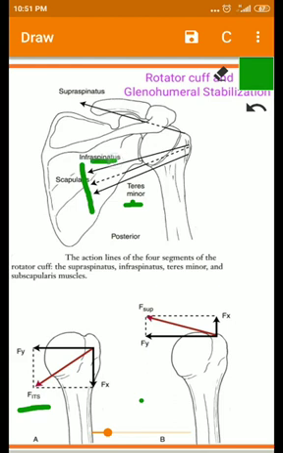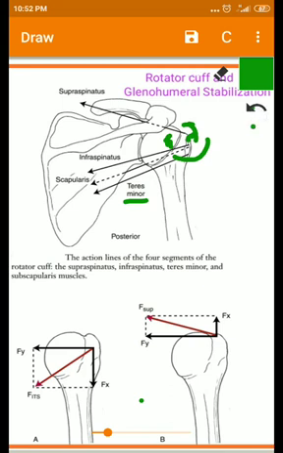So not only stabilizing the joint, they also help in the abduction of the arm by providing lateral rotation, which occurs with the elevation of the humerus to clear the greater tubercle from beneath the acromion process.